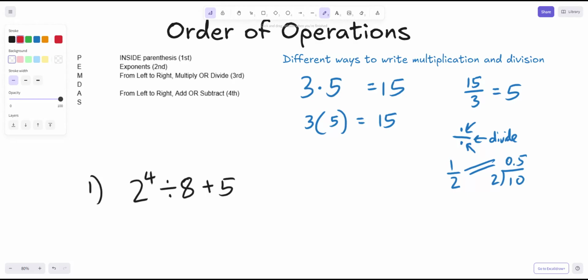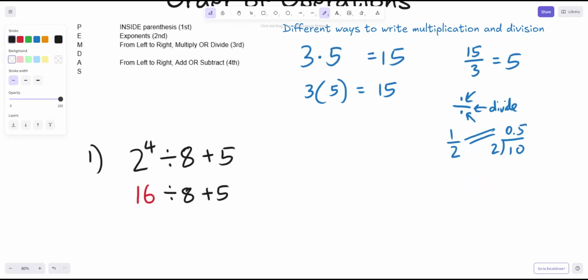That's 2 times 2, which is 4, times 2, which is 8, times 2, which is 16. So this becomes 16 divided by 8 plus 5. Next we have division and an addition left. Division comes next. So 16 divided by 8 is 2, and then plus 5, and lastly 2 plus 5 is 7.